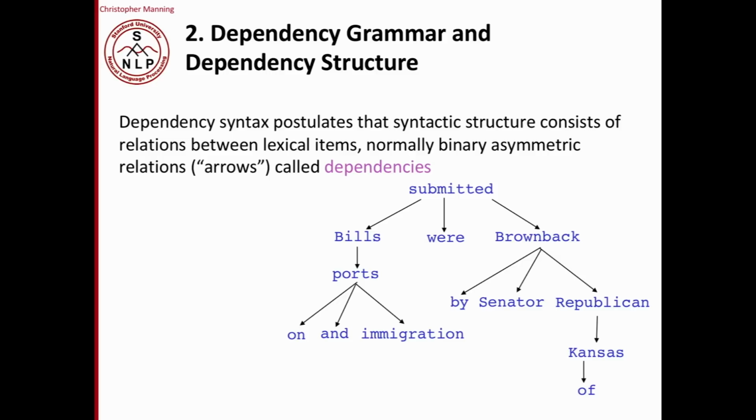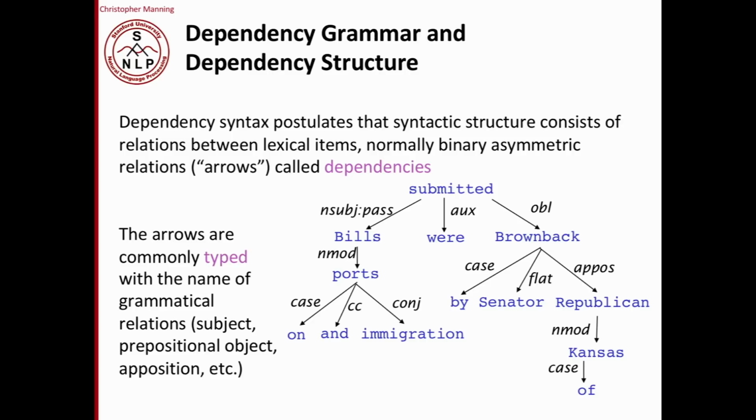One way is you put the words in a line, which makes it easy to see the whole sentence, and you draw loopy arrows above them. The other way is to represent it as a tree, where you put the head of the whole sentence, submitted, at the top, and the dependents of submitted are Bills, were, and Brownback, and then you give the dependents of each of those. So bills on ports and immigration are dependents of bills, and were is a dependent of submitted, giving this kind of tree structure.